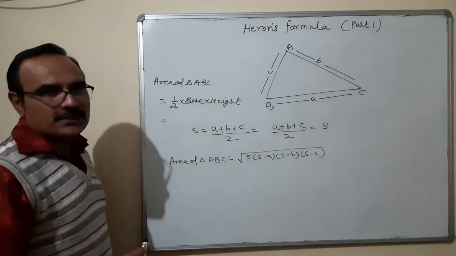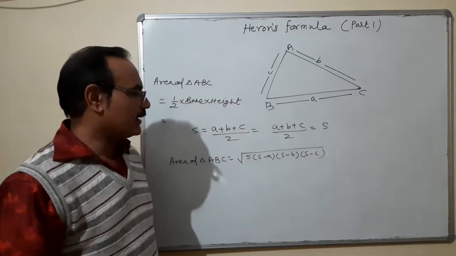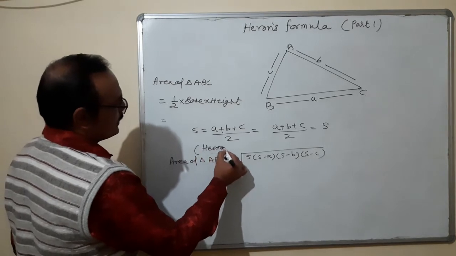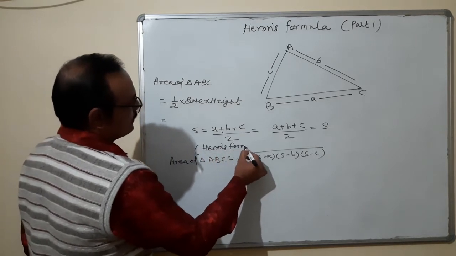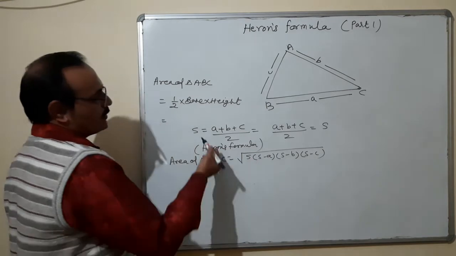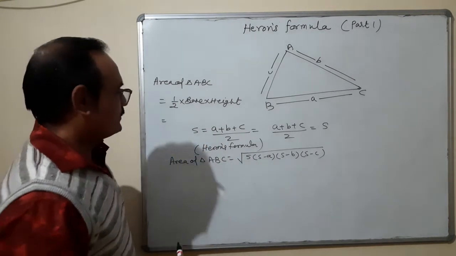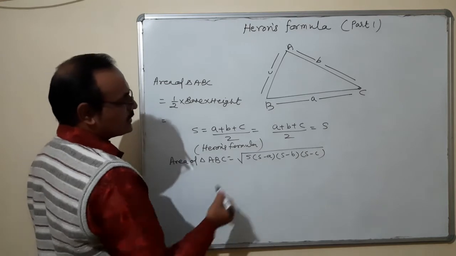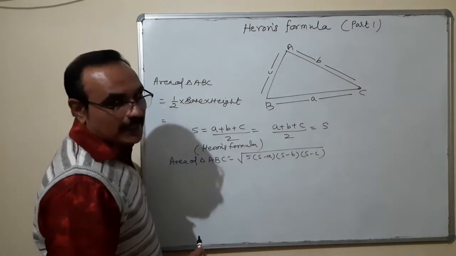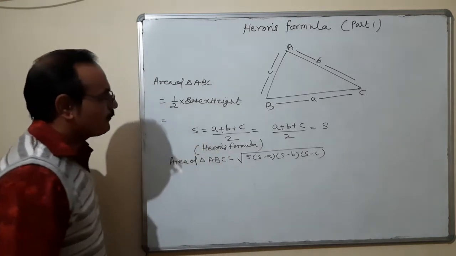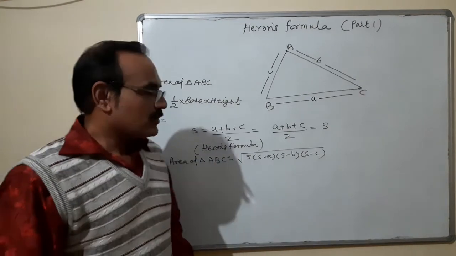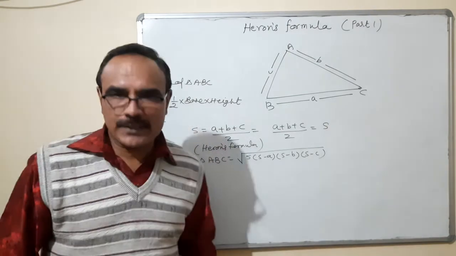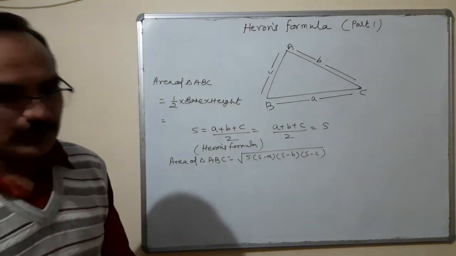This is the formula which is used for finding the area of a triangle, and it is named Heron's formula after the mathematician Heron. So we'll remember, one is the simple formula, half into base into height, and the second is Heron's formula.